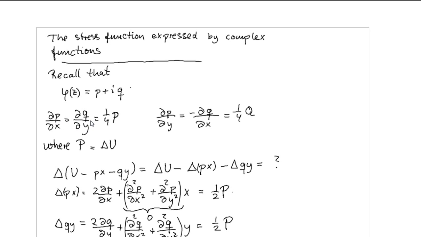This is the first Cauchy-Riemann equation, and this should be equal to 1/4 of p, where p is the Laplacian of the stress vector u.